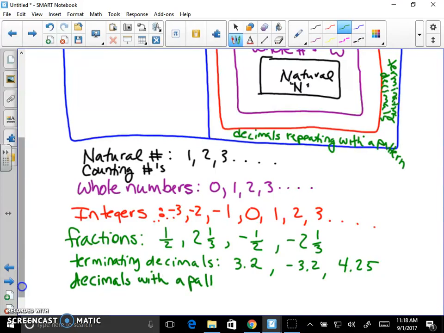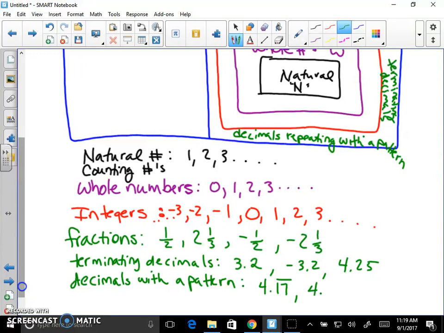So those repeating decimals that have a pattern. So the example would be, let's say, 4.17 with a bar. If we look at that, that bar indicates that the 17 continually repeats. So with these, you would know what the next number is. So if I asked you what the next number is, you would say 1. Then the number after that would be 7. Then you would say 1 and then 7. So you can find that pattern.